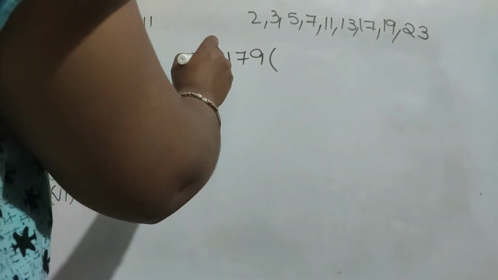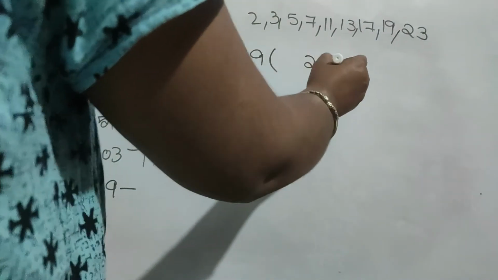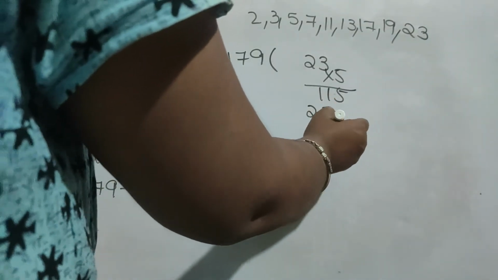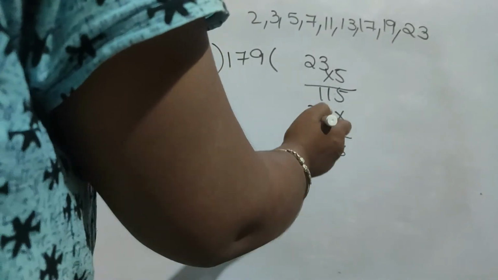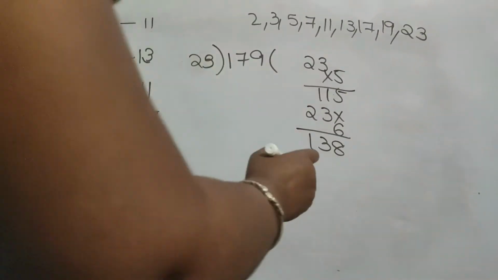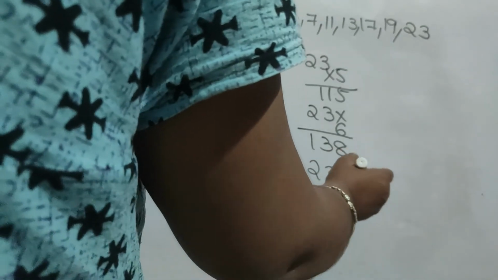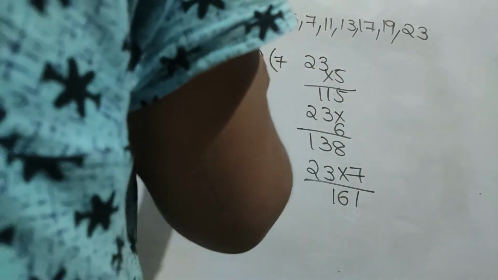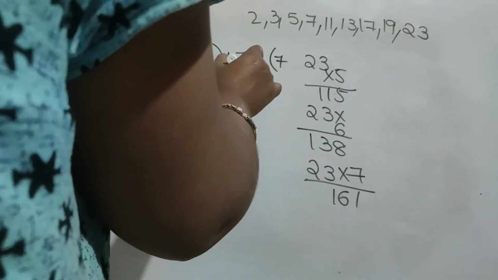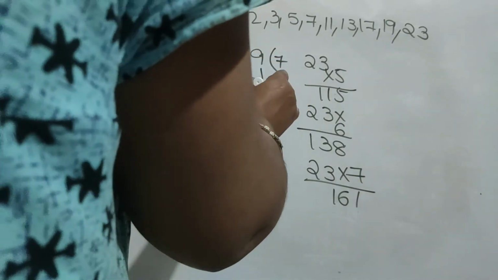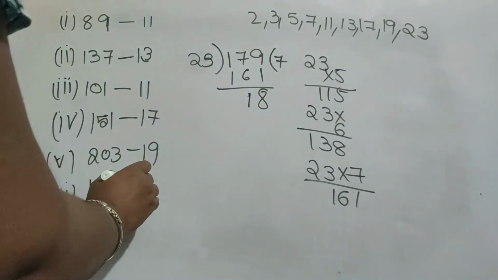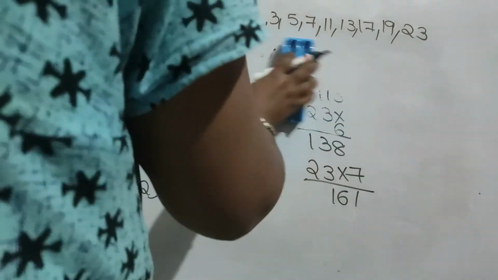Let us see with 23. 23 times 5 is 115, 23 times 6 is 138, 23 times 7 is 161. So 7 times: 7 threes are 21, 7 twos are 14 plus 2 is 16. So 23 is the highest prime number which shows us this is a prime number.